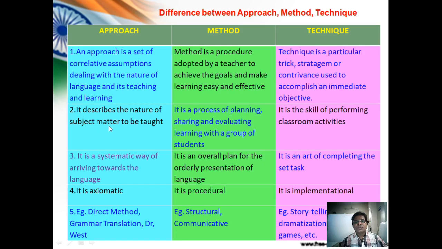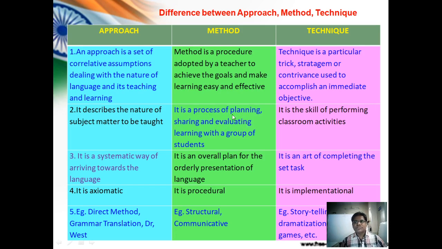Okay, the nature of subject matter to be taught means in which way I have to deliver particular content in the classes. Likewise, method is the process of planning, sharing and evaluating learning with the group of students. Means in this method there is always planning. When there is a lecture or teaching, then there is a little bit of planning, then explanation, then evaluating.